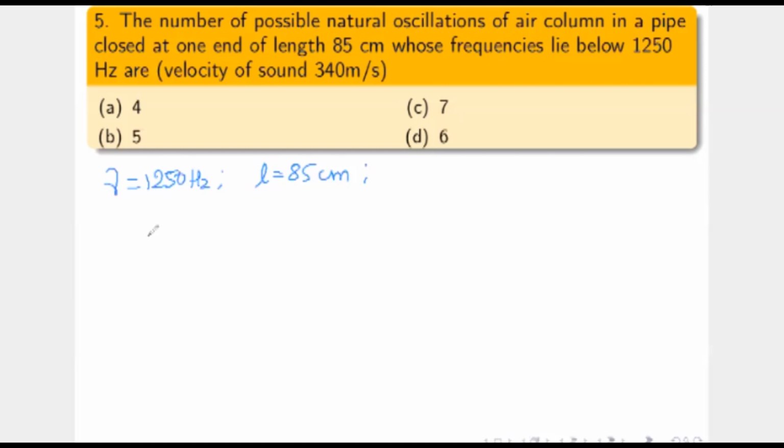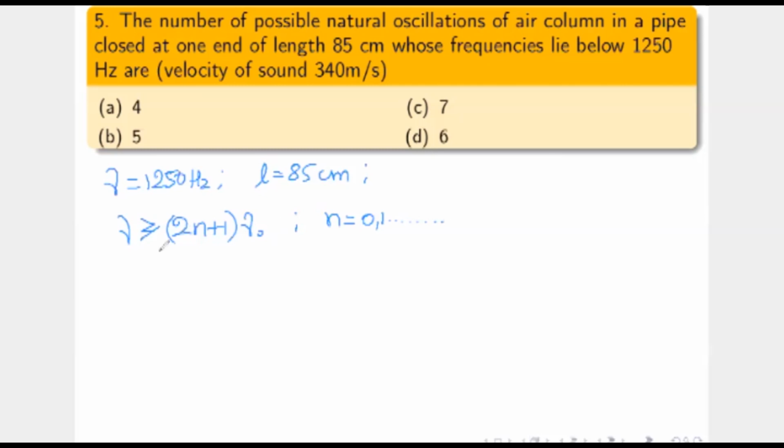If n is the number of natural oscillations, the condition is that this must be the maximum frequency, so all others must be less than or equal to that, which can be written as 2n plus 1 into the fundamental frequency, because only odd harmonics are present. 2n plus 1 into nu naught, and in this formula n goes 0, 1, 2. So n begins from 0, so all the numbers are present.